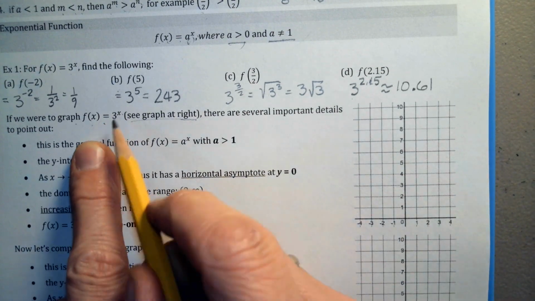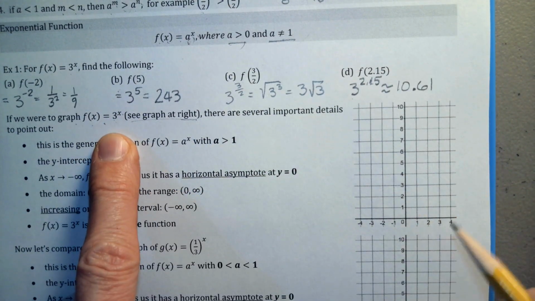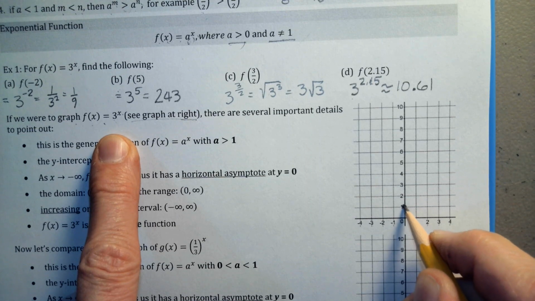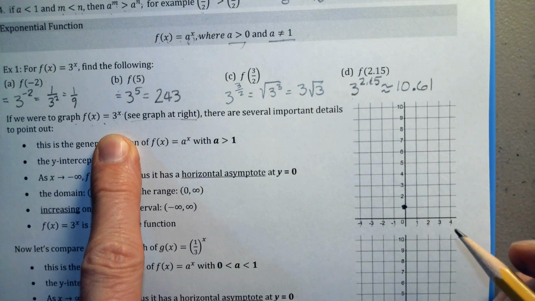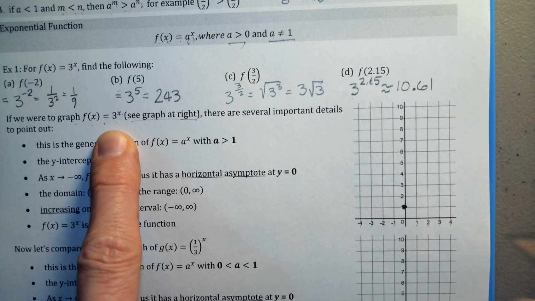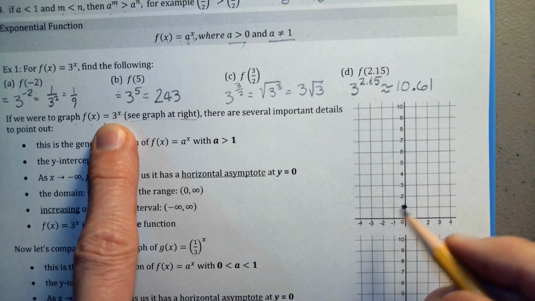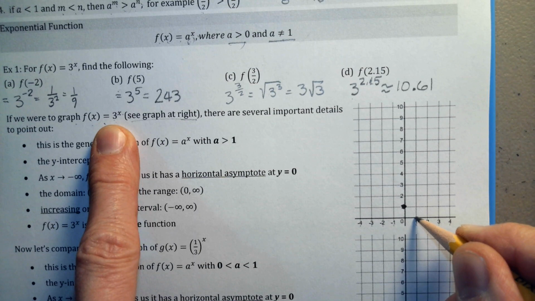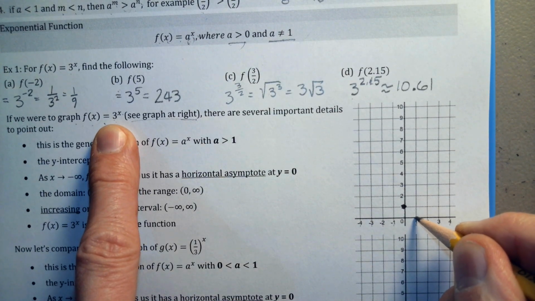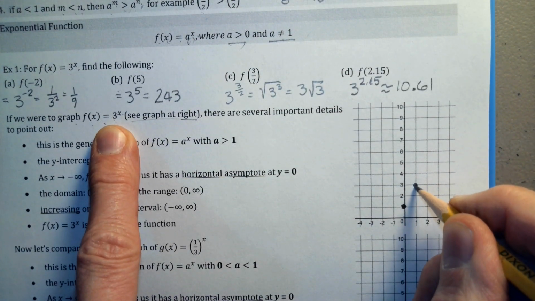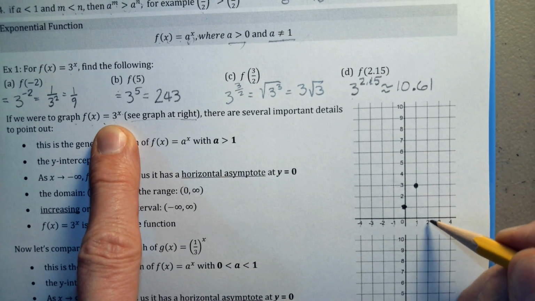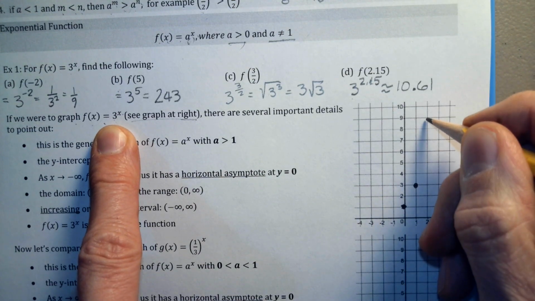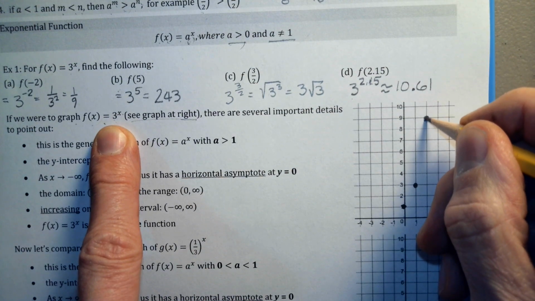If x is 0, then anything raised to the 0 power is 1. So we can plot that point here. Sorry, if x is 1, then f of x would be 3. So we got this point here. And now let's do if x is 2. That jumps it up to 3 squared, which is 9.